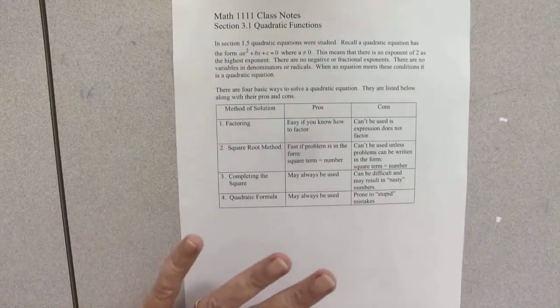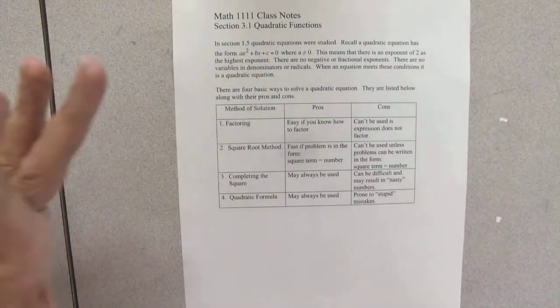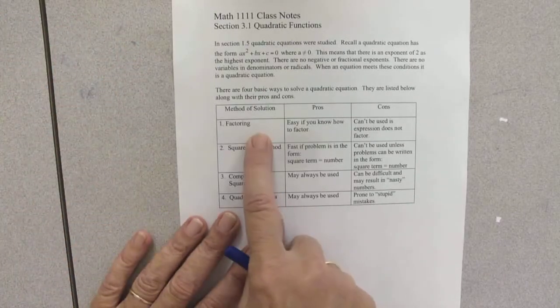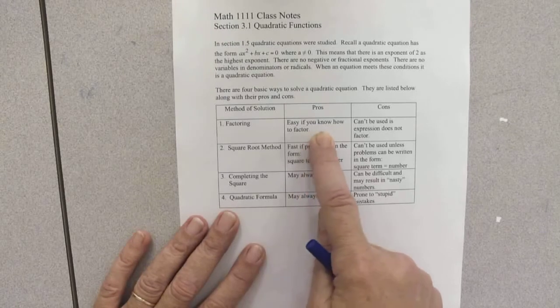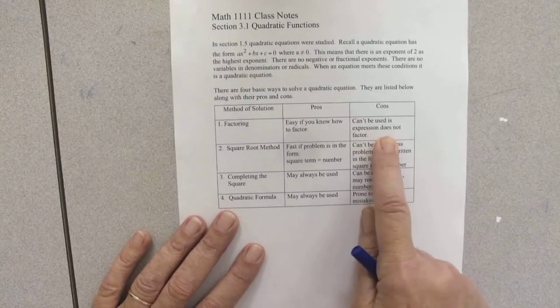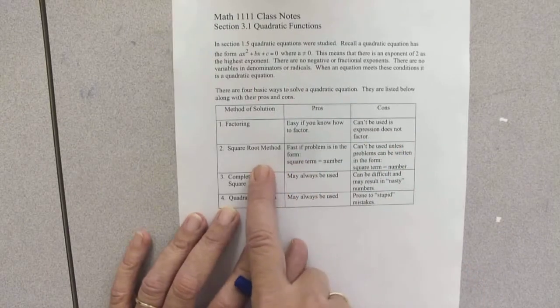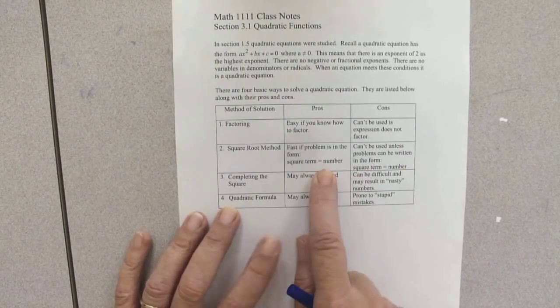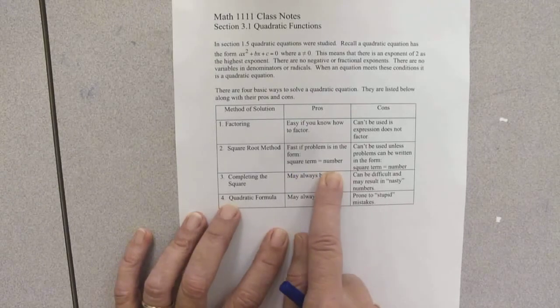And when we were solving quadratic equations, we had 4 principal means of solution. We had factoring. Factoring works really well if you can factor it. It doesn't work at all if you can't factor it, and not everything is factorable. The square root method worked really well if you could rewrite the equation as a square term equal to a number.